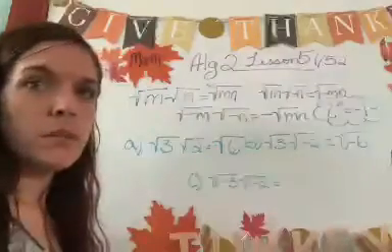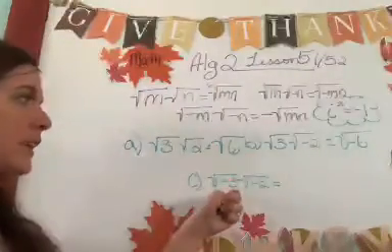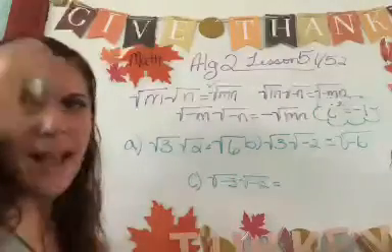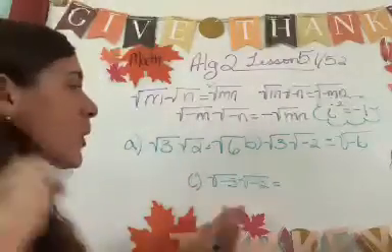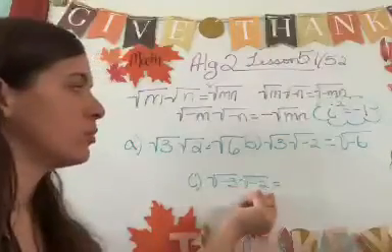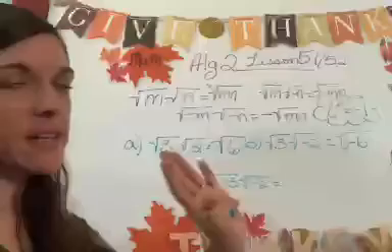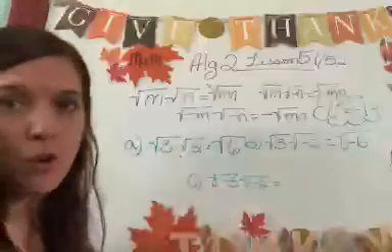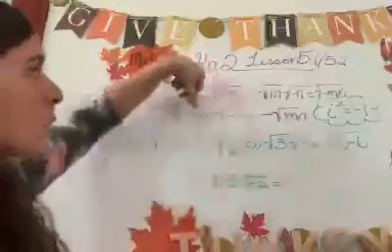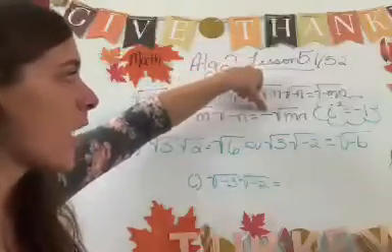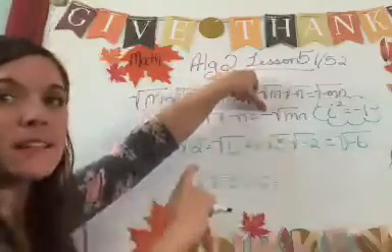Okay? So over here is where I get very surprised, because you would think you have a negative 3 and a negative 2. Well, negative 3 times negative 2 is positive 6. Square root of 6, bada bing, bada boom, you're done. No. Look at the rule. When you're multiplying a negative number by another negative number, you're going to take that negative and put it on the outside and multiply the numbers on the inside together.